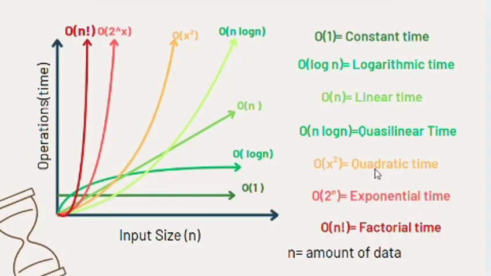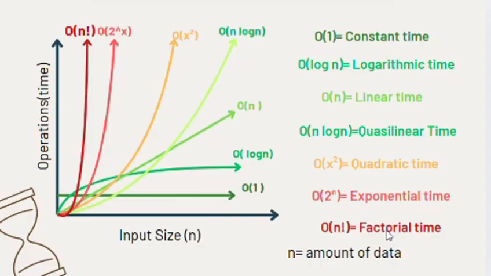The worst ones, the painfully slow ones, are exponential time and factorial time. Exponential time is when the running time of an algorithm doubles with each addition to the input data set. For example, the Tower of Hanoi or the recursive Fibonacci.